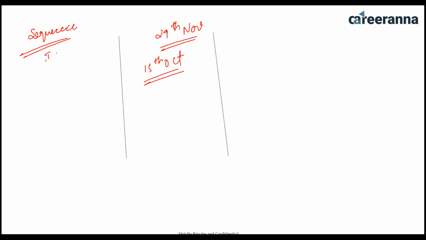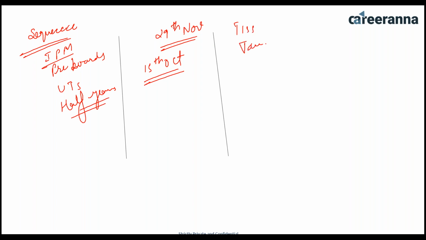And if you are preparing for IPM, after Diwali your pre-boards are there, then your UTs and half-yearlies, mid-sem, you can say. So you don't have enough time. Make your timetable. And if you are preparing for TISSNET, your exam will be in January, and you have a lot of GK to study, maths, English.